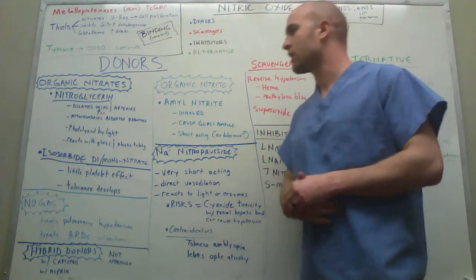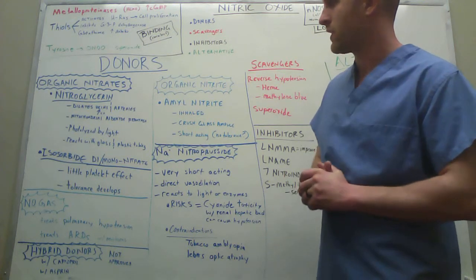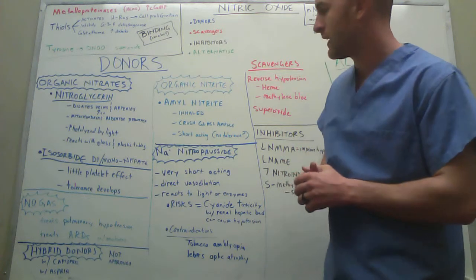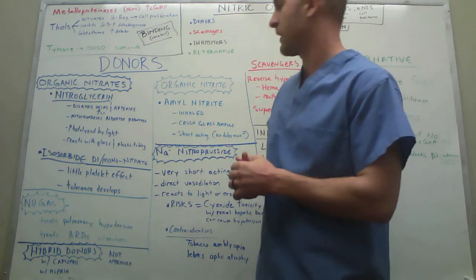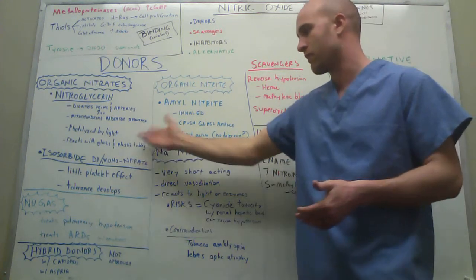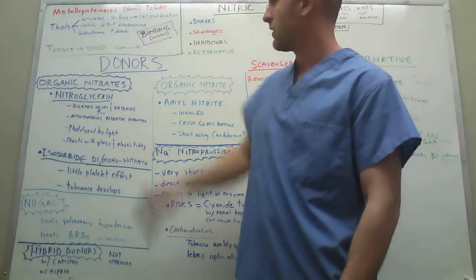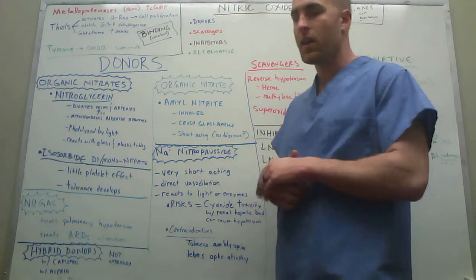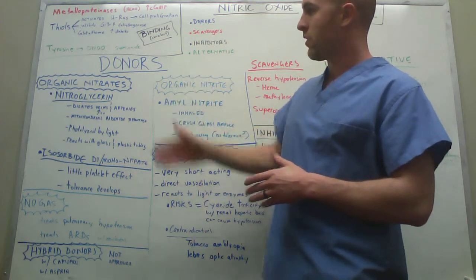There's nitroglycerin, and there is isosorbide dinitrate and isosorbide mononitrate, which I guess is one nitrate versus two nitrates. So first of all, nitroglycerin. This is used commonly because it dilates veins and arteries.